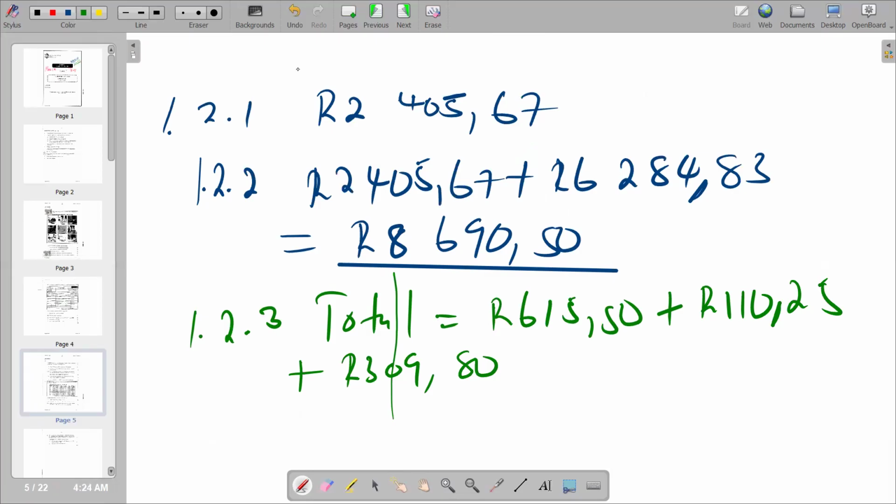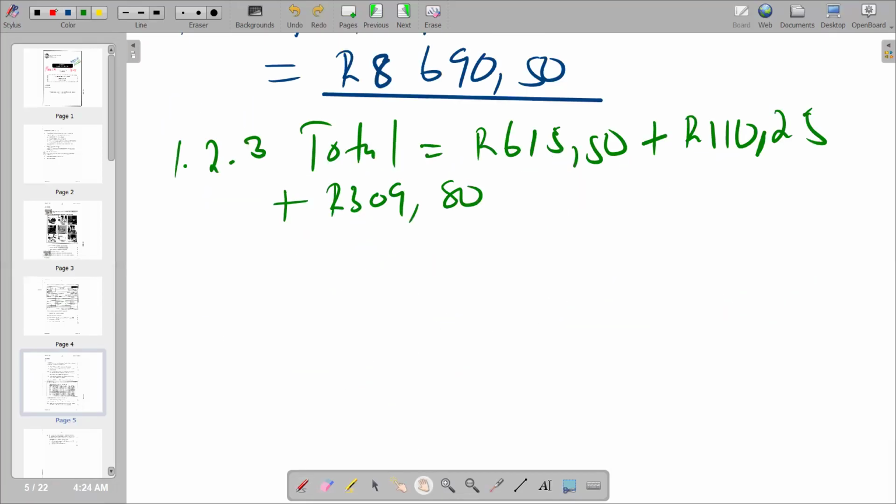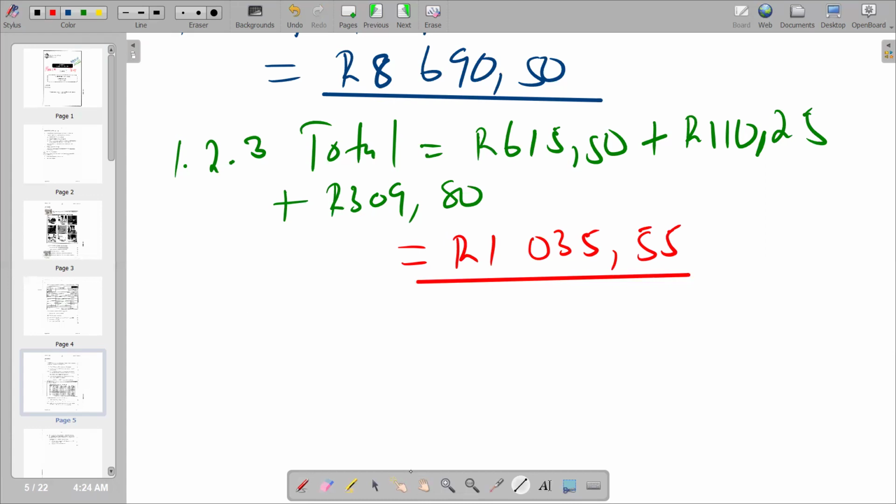So we do that, we see that the total that we are supposed to get there becomes 1,070 rands 55 cents. So basically, this becomes your final answer that we are having. So basically, that's what we have.